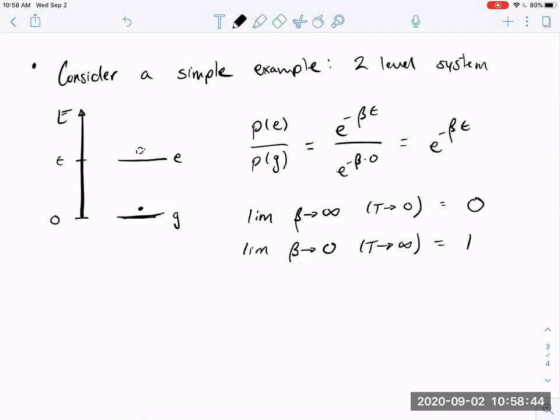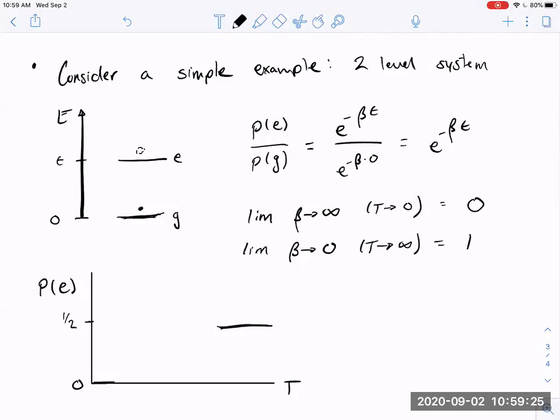In fact, if I was to plot this, the probability of seeing the system in its excited state as a function of temperature, we've got the limits worked out. It starts at 0. If the ratio is 1, that means the absolute probability of being in the excited state at high temperature does not go to 1, but goes to 1/2.